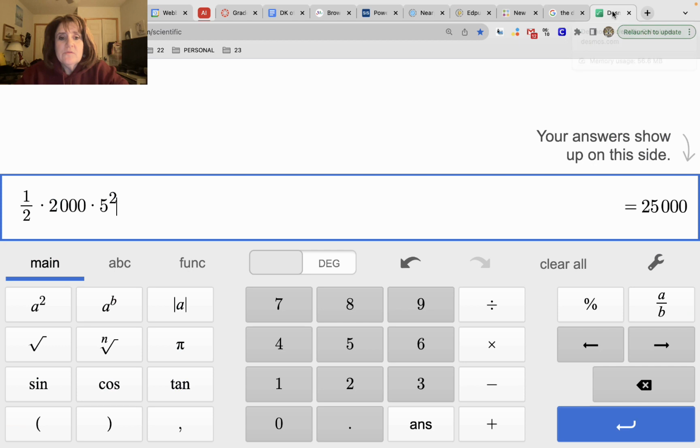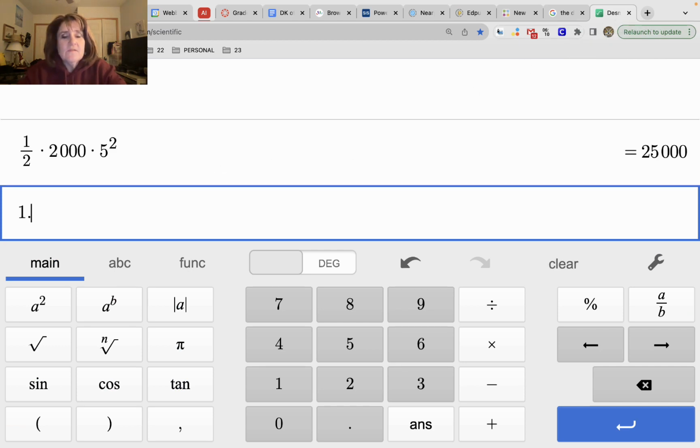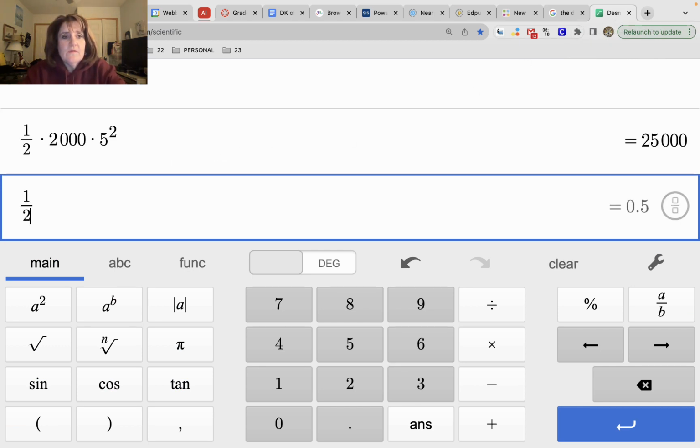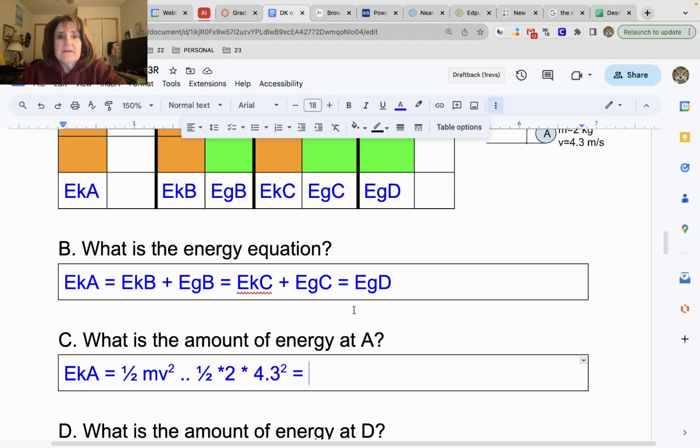Using Desmos, this is 1/2 times 2 times 4.3 squared. Gives me an Ek at A of 18.49 joules.